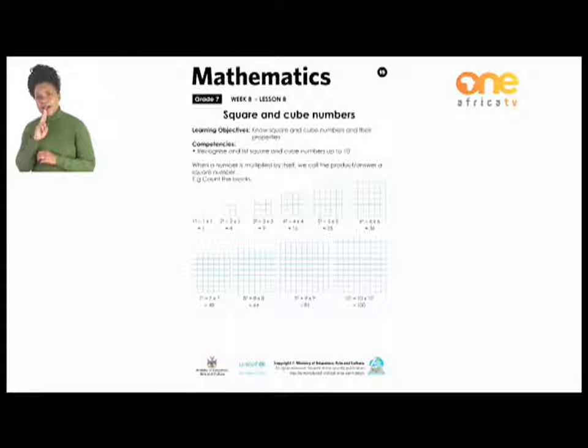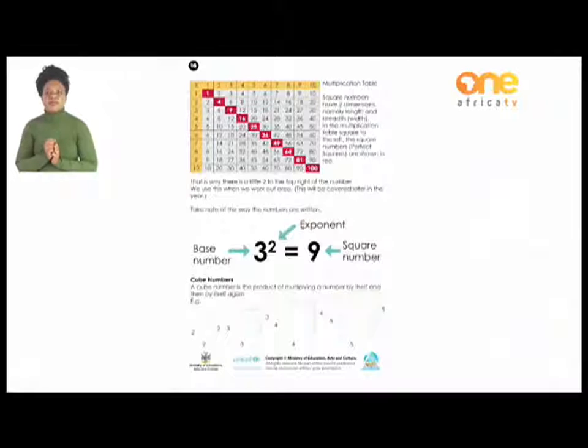Now we have to move to page 16. Page 16, there is a multiplication table whereby there are numbers colored in red, and blocks, and some which are yellow.